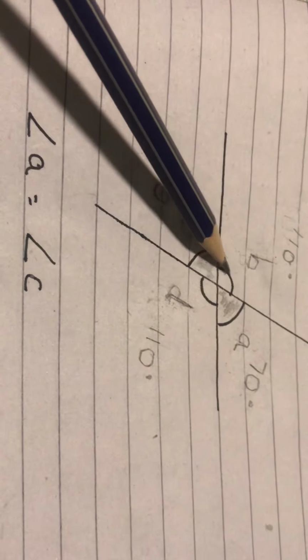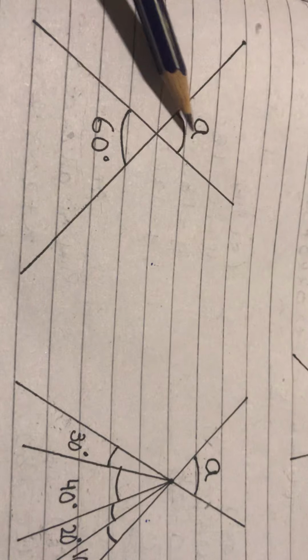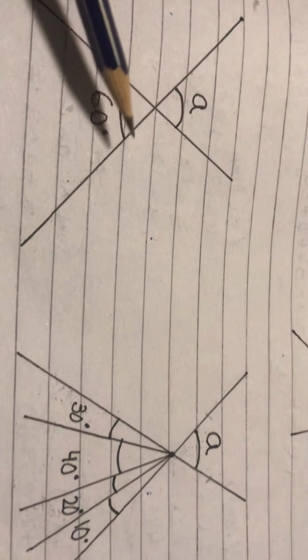So now this is what I was getting to. Now this is angle A, which is equal to 60 because they are in between the intersecting lines. The angles are formed in between the intersecting lines, which are opposite to each other.